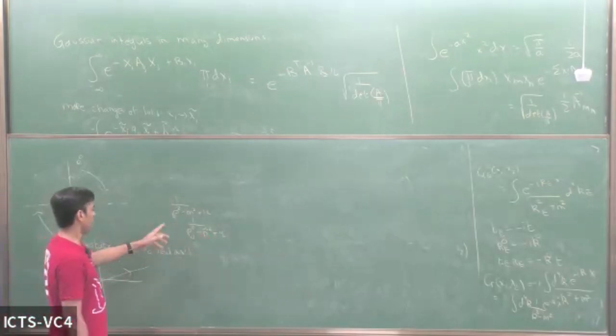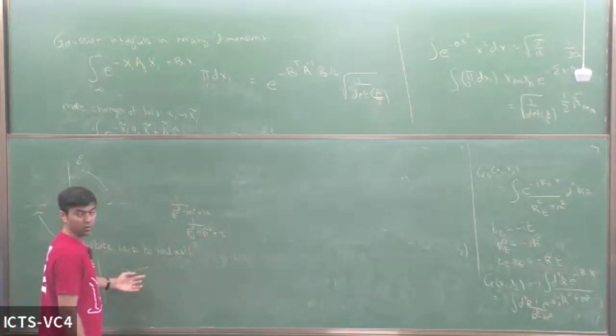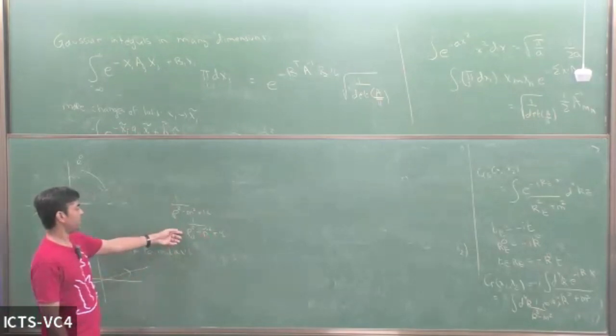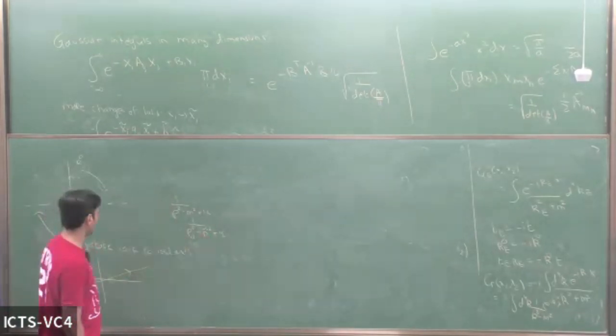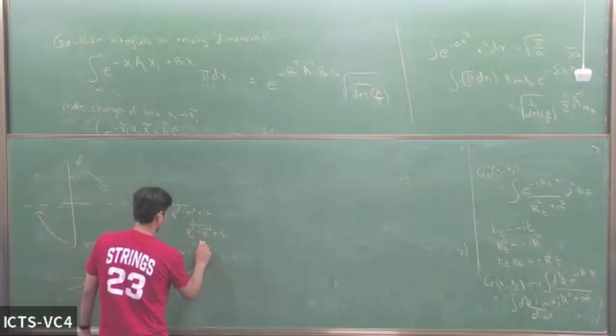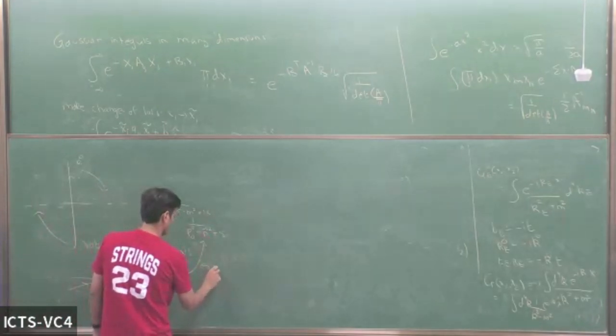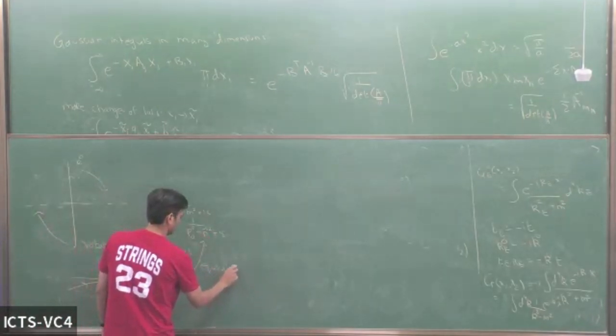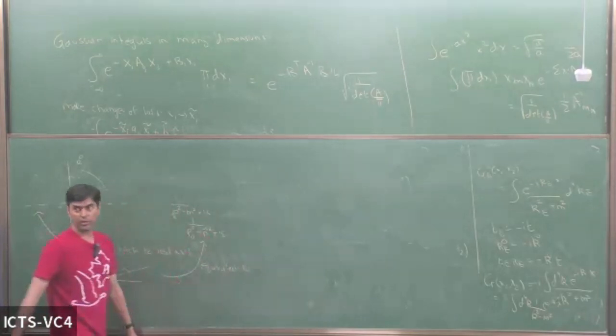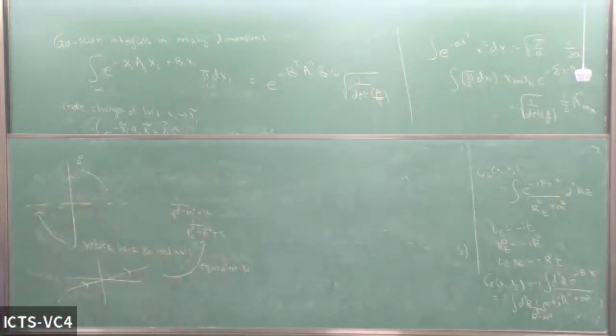So what you really get in the path integral is that the time contour is shifted this way, but that's equivalent to this. Is that okay? Okay, very good.